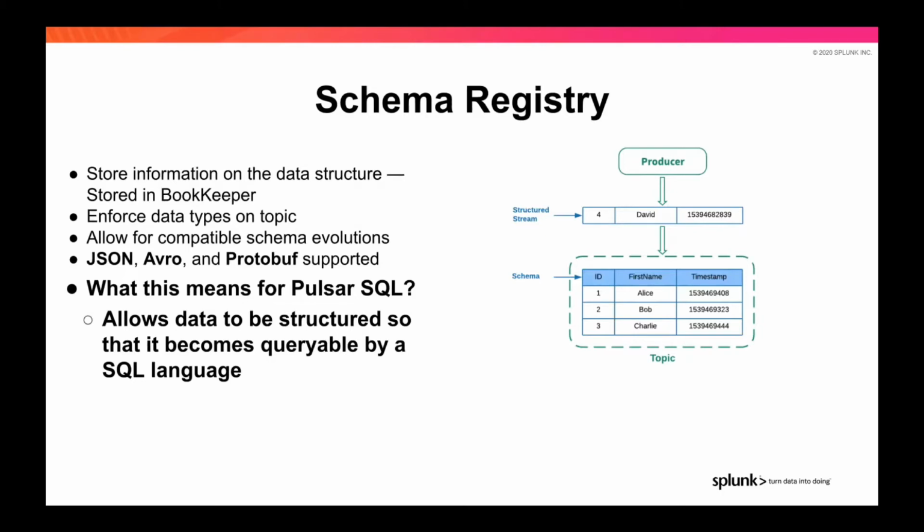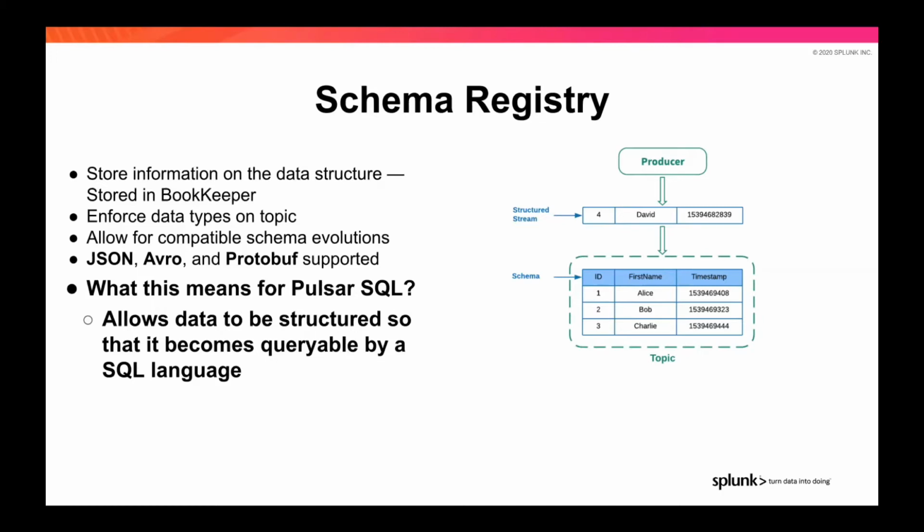So this essentially allows topics in Apache Pulsar to be structured, right? In order to query data with a SQL-like language, you really need to have some sort of structure in your data, so that the SQL language can interpret the commands and return the relevant set of data to you, right?